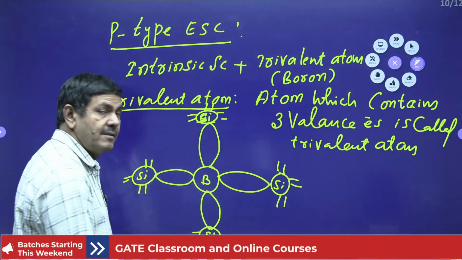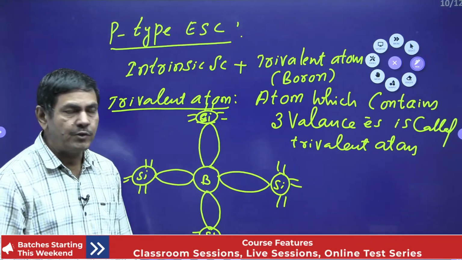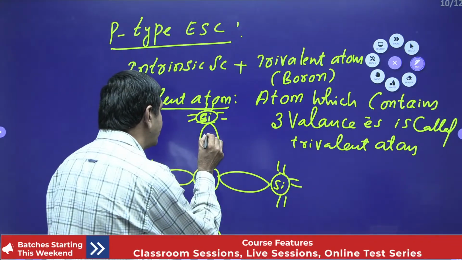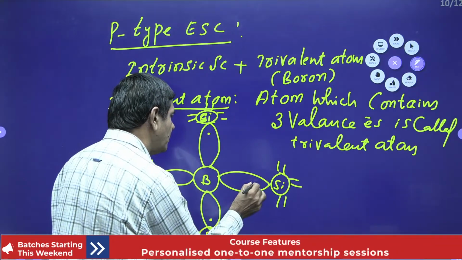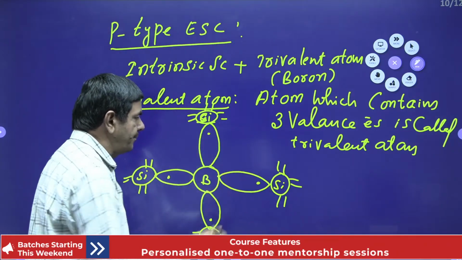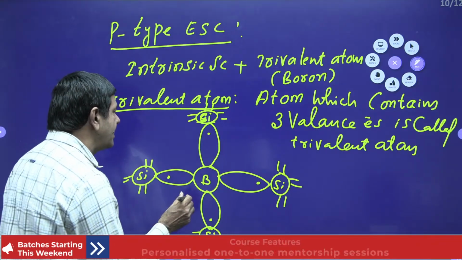The silicon contains 4 valence electrons, we know very well. I can put 4 valence electrons this side. It is a two-dimensional pattern. And boron contains only 3 valence electrons.